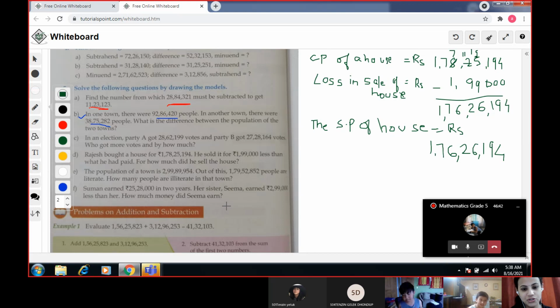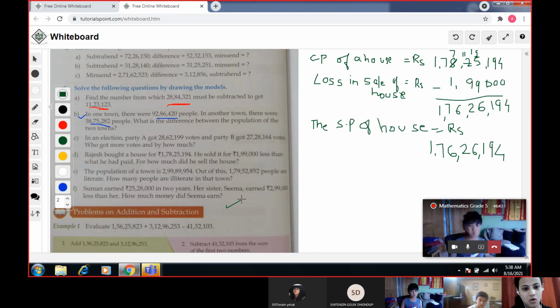You have to do this last question, this one. This is your homework. You will do this at home. This is the same question. First, tell me how you will do this question. Solve and show it to me.